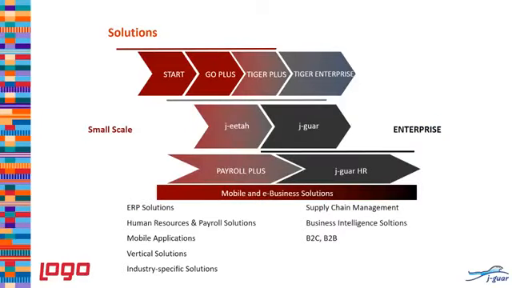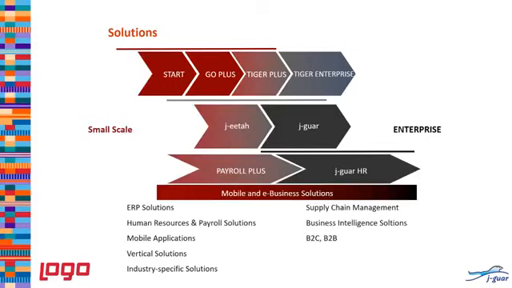First of all, if you want a brief of the whole range of products that we have in our ERP basket, we can look at it in this diagram. You can see that we have a scale going from left to right, from small scale to enterprise scale, and on the other side we have the levels going from first, second, up to down, third and fourth level.